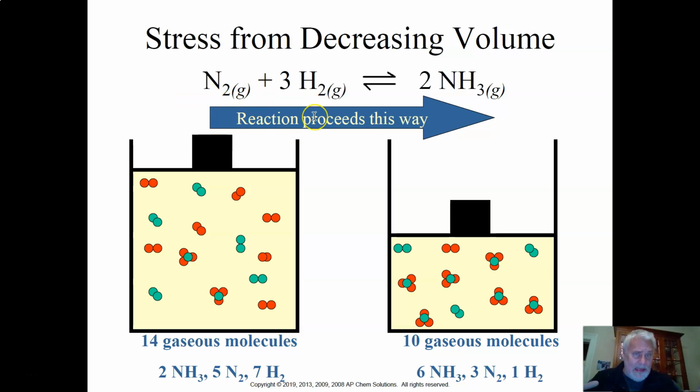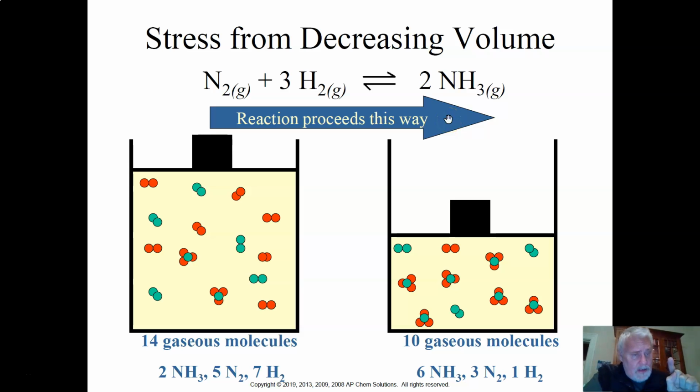So they will start to come together, and they, in essence, can cut themselves in half. Yeah, they're a bigger molecule, but gas doesn't care about that, right? That's Avogadro's rule. 22.4 liters, no matter what the gas is, right? So they'll scrunch together, and then you'll notice here that you only have 10 gaseous molecules after the pressure is applied, because the system compensated to relieve the stress.